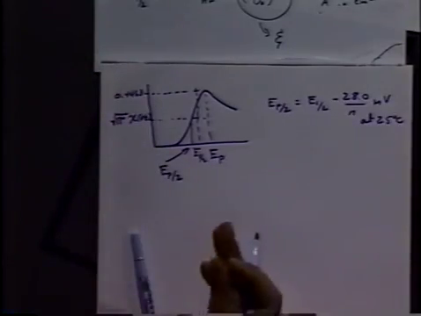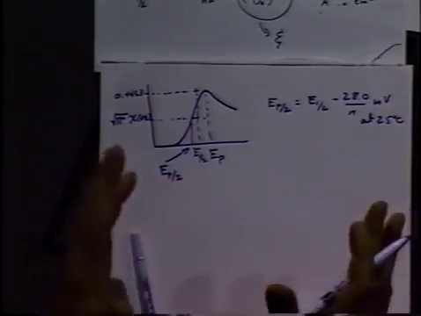Now notice there's always reference to a particular temperature. As the temperature changes, the potential scale actually increases or decreases. As you go to lower temperatures, the potential scale contracts, and so these numbers get smaller. You go to higher temperatures, the potential scale expands. And so this can be something to catch the novice: if they do an experiment at low temperatures, they might see large peak separations and say, well, that's not a reversible system.